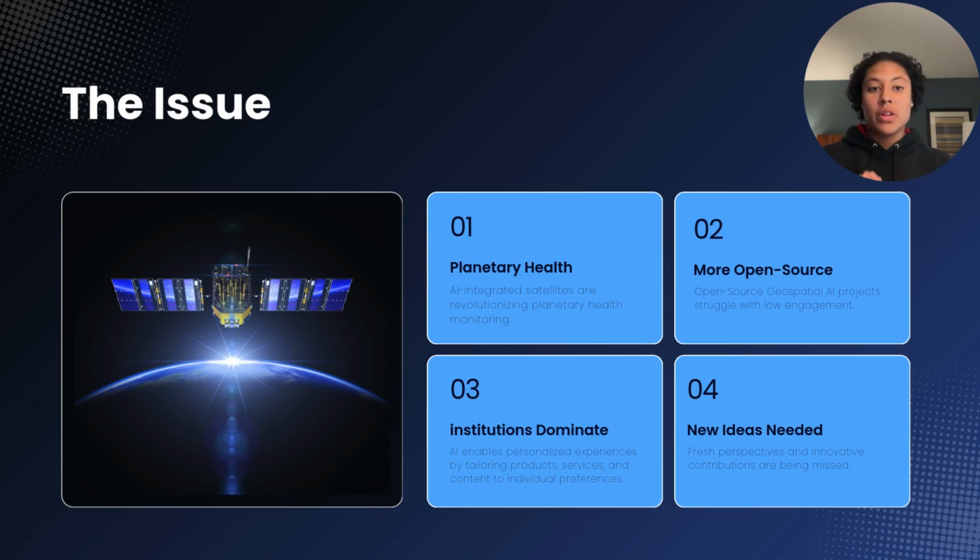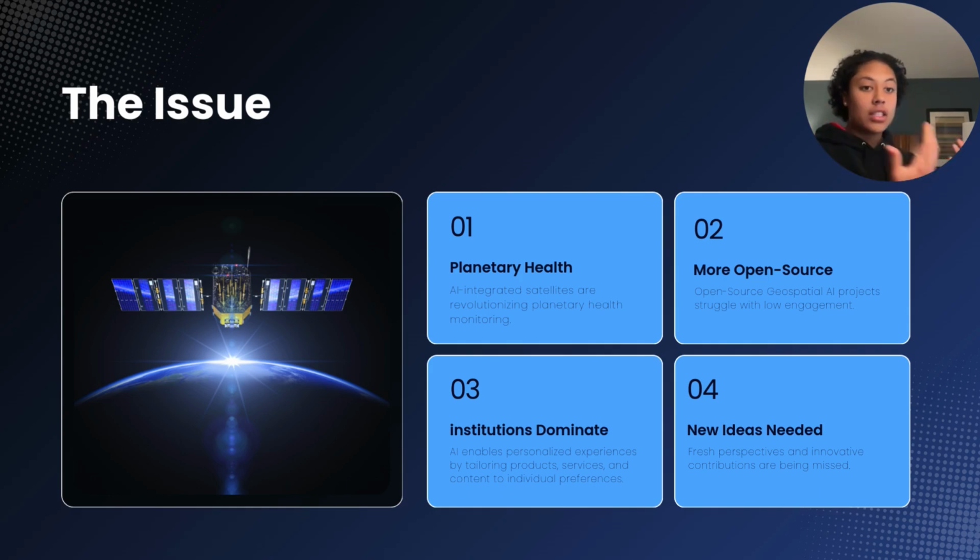But as we know in software, a lot of open source projects have led to some of the greatest innovations in technology, including things like encryption. So it's really important that we get regular people involved in these projects to make sure that we have strength in numbers and are monitoring how these corporations are developing these technologies to ensure that it's ethical and also speeding up the process of these developments.